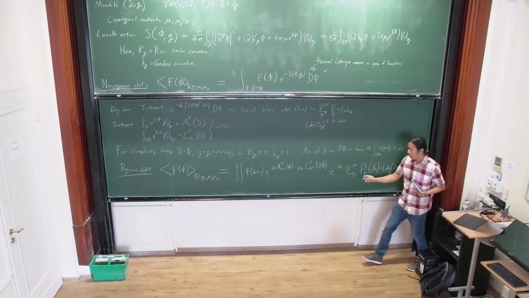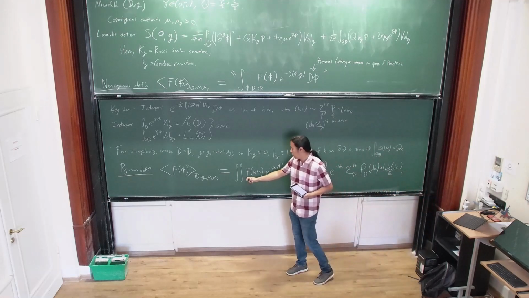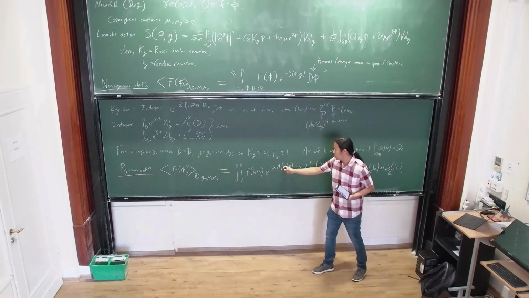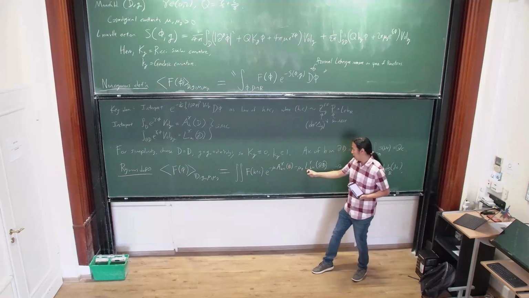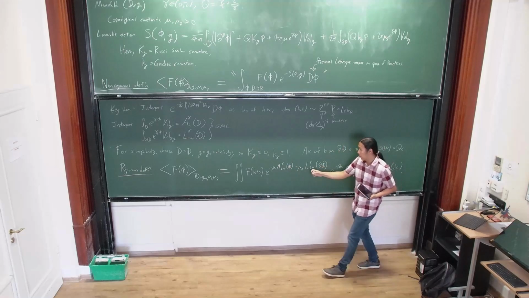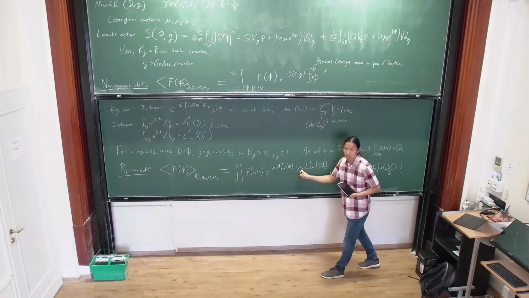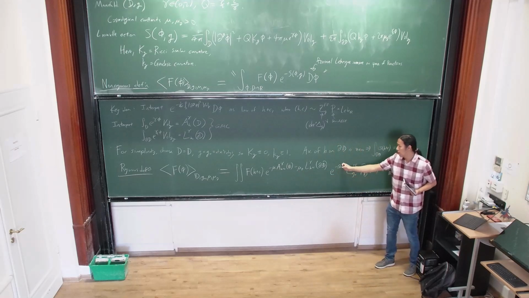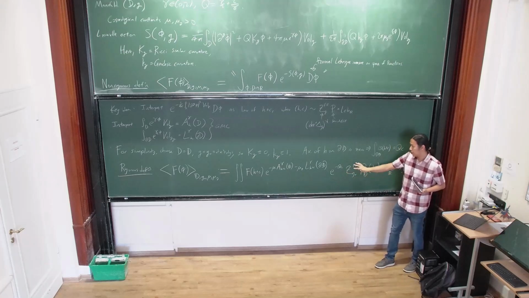So it becomes a double integral. We just take f of h plus c. We have this exponential of your GMC in the bulk and your GMC on the boundary with the cosmological constants as coefficients. And you have this e to the minus qc and this constant, which doesn't really matter.